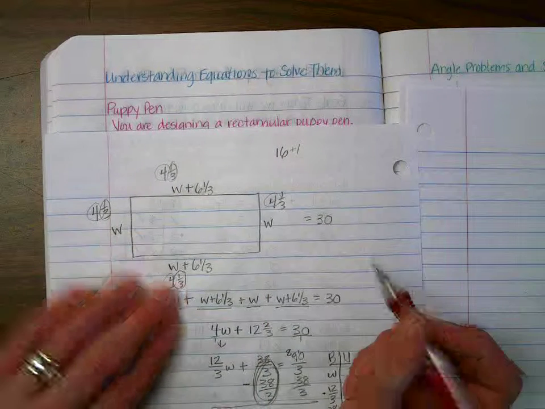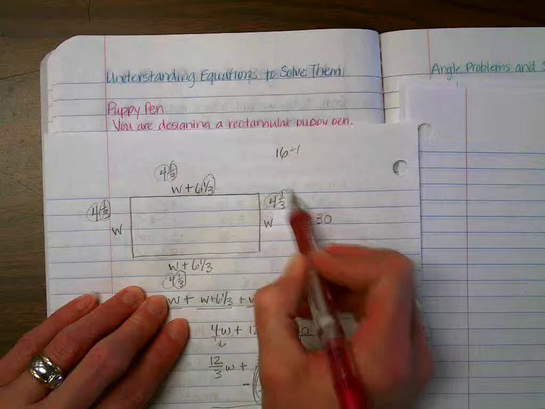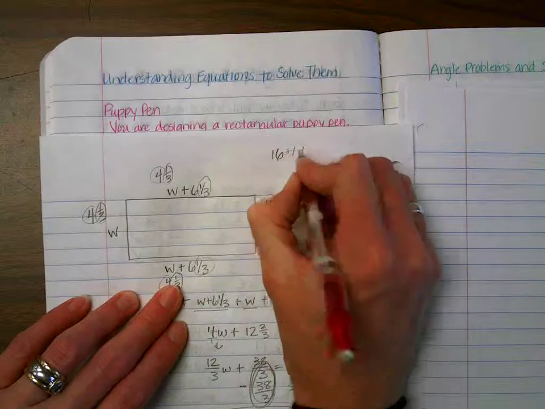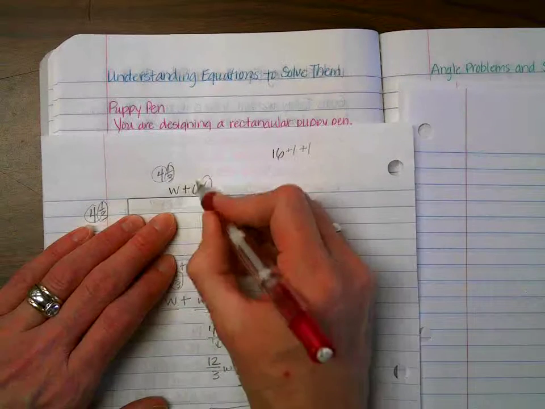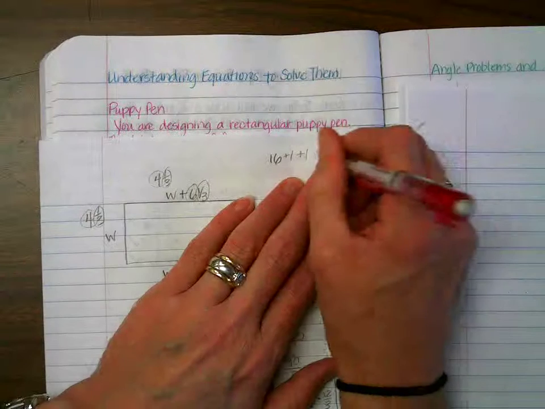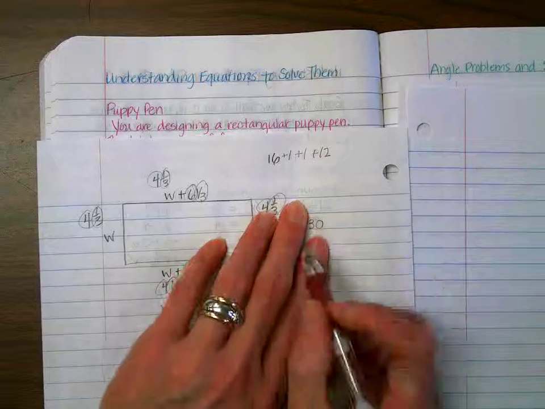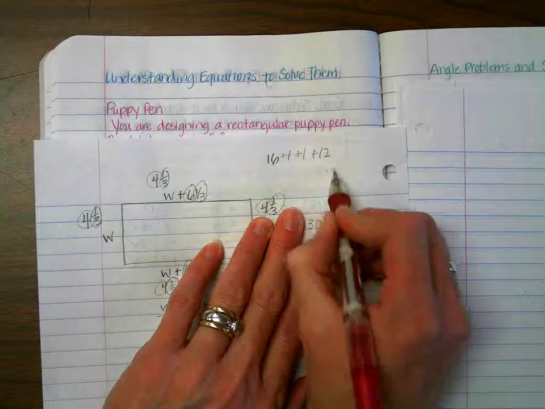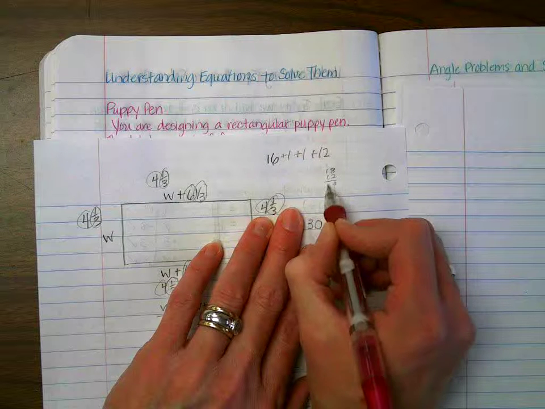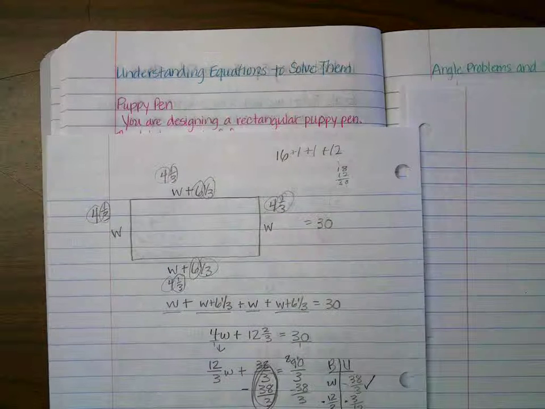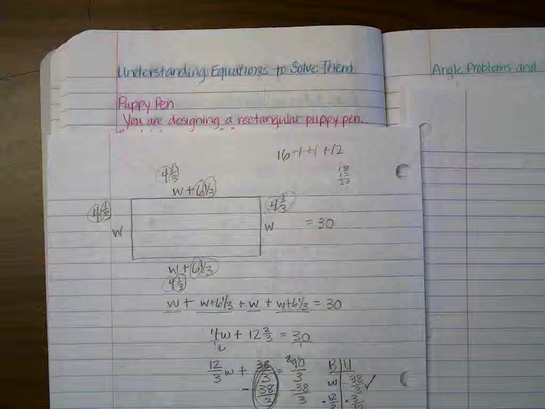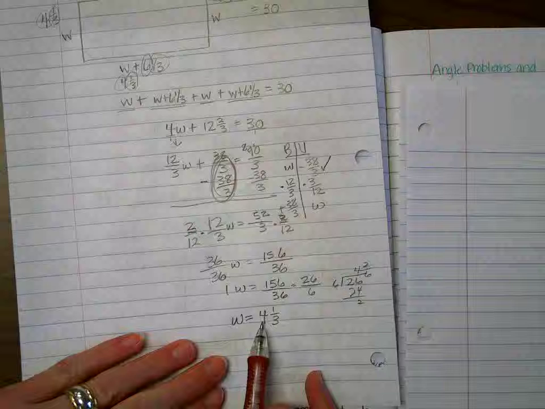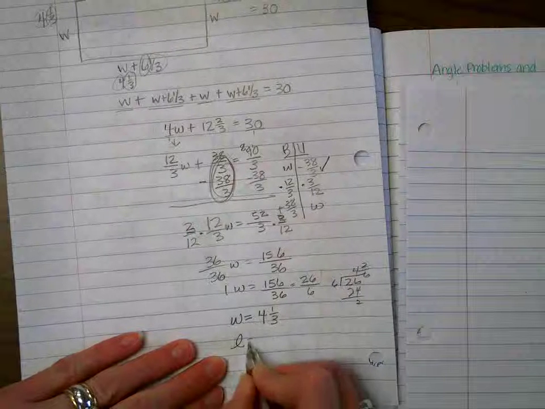Then we have 1, 2, 3, so that's plus 1. Then we have 1, 2, 3, so that's plus 1. And then we have 6 plus 6 is 12. So now add them all together. 16, 17, 18. 18 plus 12 gives you 30. Ta-da! And you're done. And you found it.